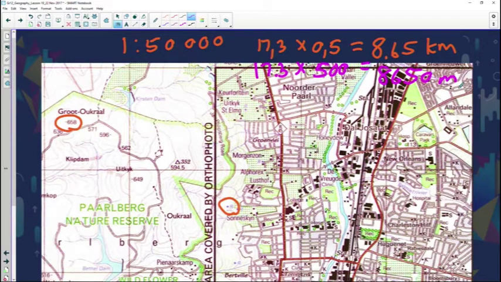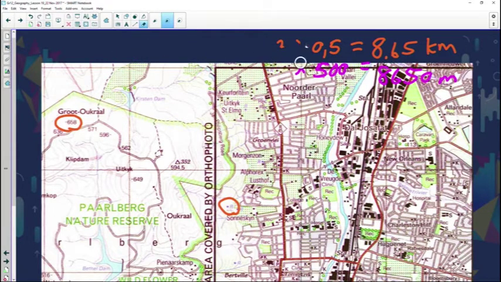So the formula that we use on a 1 to 50,000 topographical map is 0.5 for kilometers and 500 for meters.